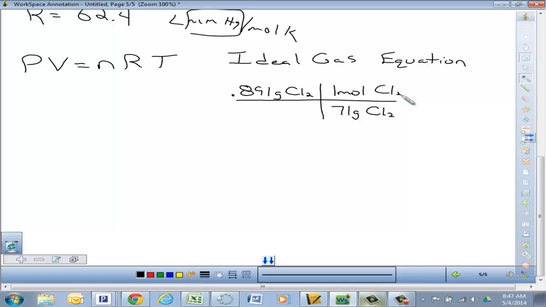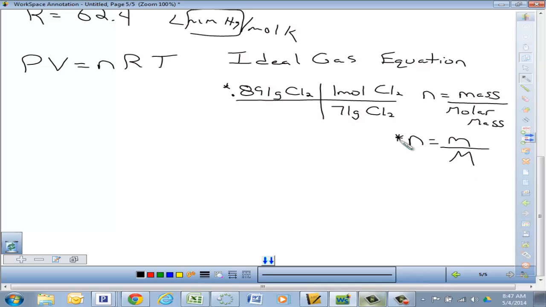Really, what you did is take n, which is equal to that mass, the mass I just gave you, and divide it by the molar mass, which you looked up on the periodic table. So you took some mass and divided it by the molar mass.